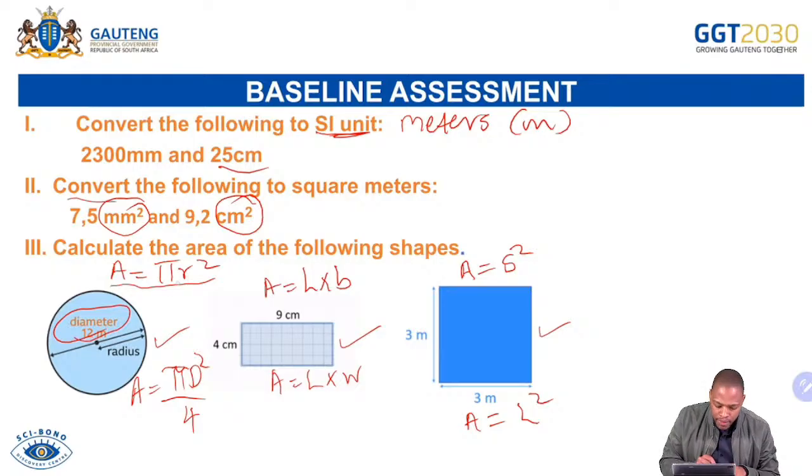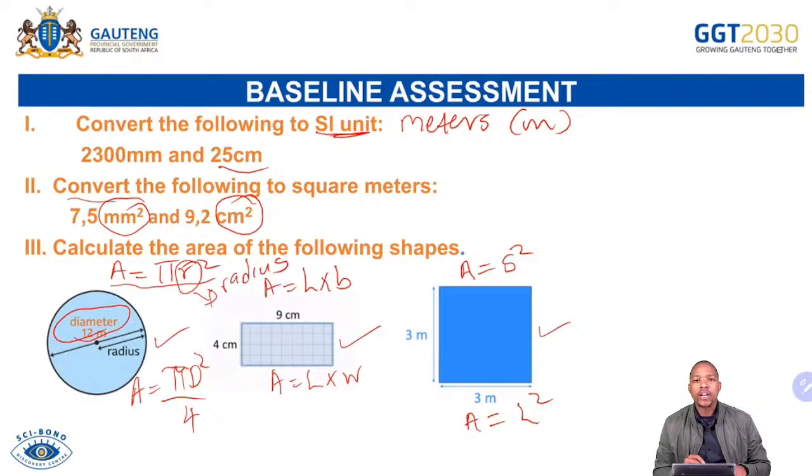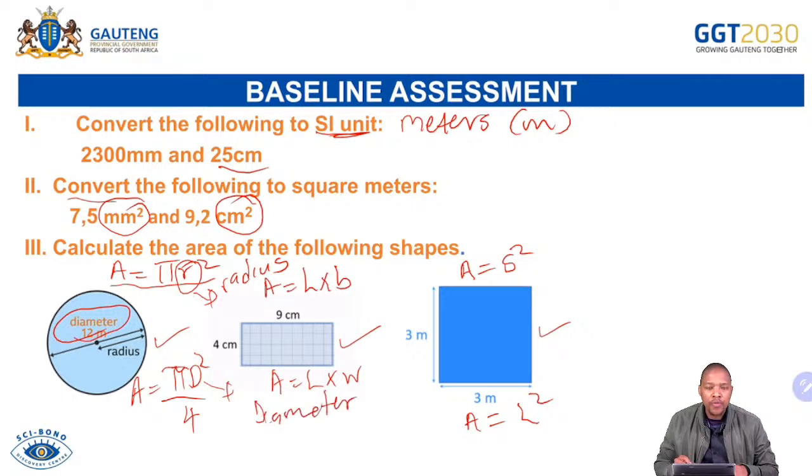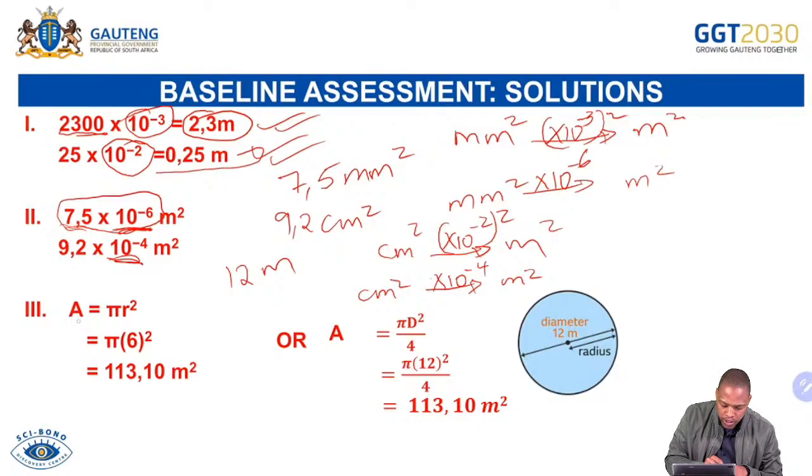And then with this formula, r stands for the what? The radius. r stands for the radius, grade 12. So we must remember that. And then d here stands for the what? The diameter. d stands for the diameter, all right? So what does that mean? It means if I am going to use this formula, I must get myself the radius, okay? And how do we get the radius?